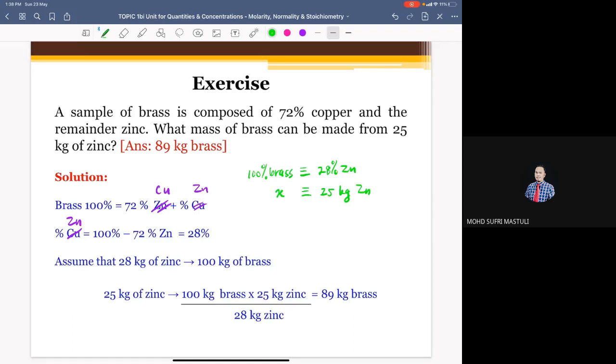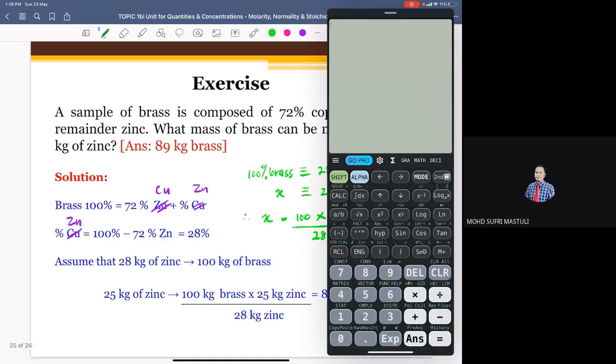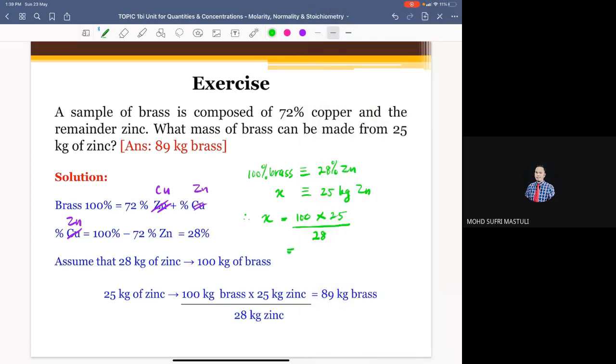So you can obtain X is 100 times 25 divided by 28. You can know the total mass of brass: 100 times 25 over 28, which is 89.3 kilo of brass.